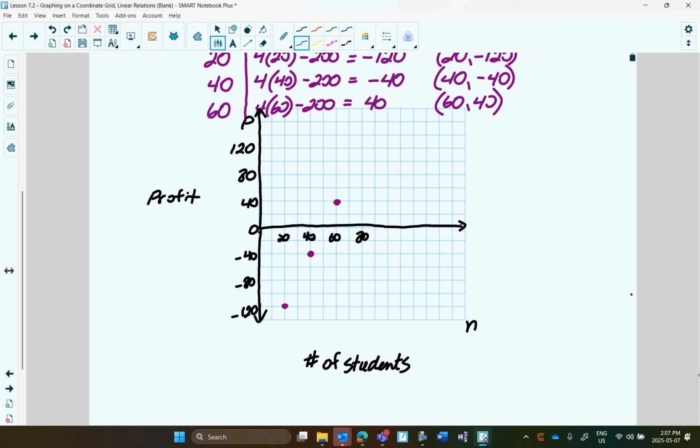No. Can't have a fraction of a student. Do not connect. But we assume we can keep going up, so we'll do those. Whoops, that's not really in line. Do it more in line. Okay.